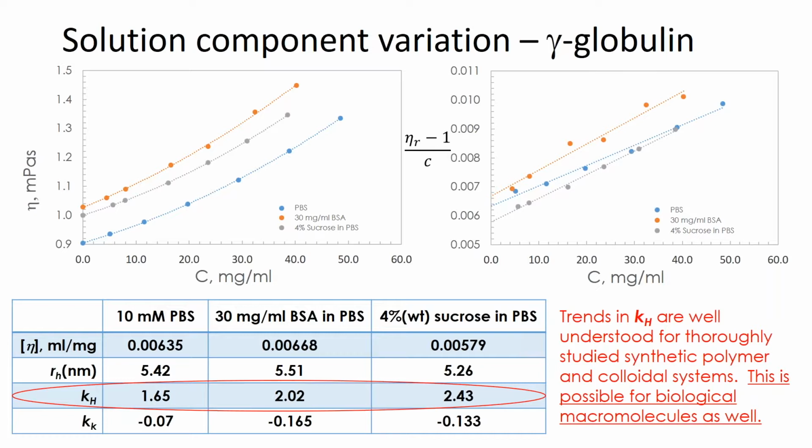And I just wanted to point out the text here in red at the bottom: a lot of the theories that we're talking about here are well established and well used in the area of synthetic polymers and colloidal dispersions. Over time, they've built up a very clear understanding of how this interaction parameter trends with certain features of the formulation or the molecules or the colloidal particles.